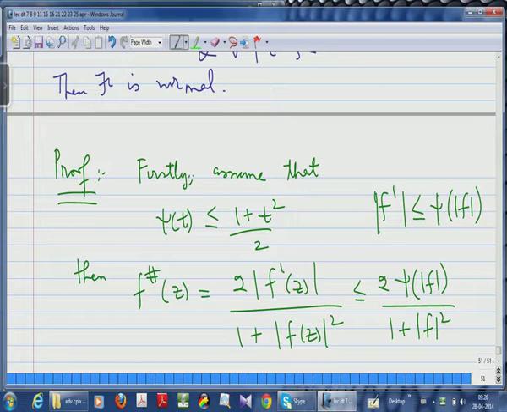But then 2 psi of mod f by (1 + mod f) the whole squared is less than or equal to 1, that is because of this, okay. So if I assume psi of t is less than or equal to (1 + t squared)/2, then all the spherical derivatives are bounded on the whole domain, and of course if the spherical derivatives are bounded on the whole domain, then Marty's theorem tells you that this is equivalent to the normality of the family, okay.